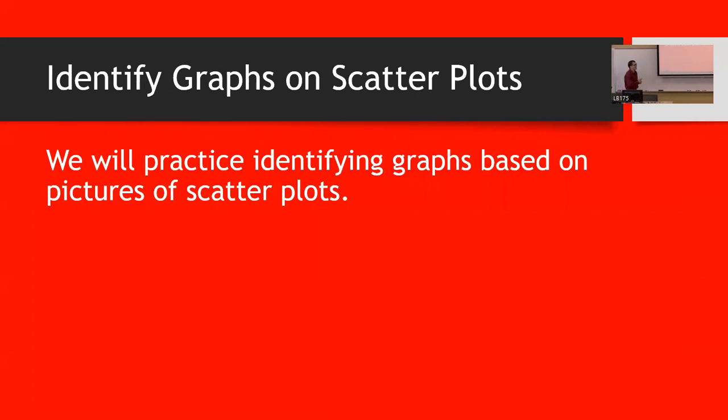Now, identifying what type of function based on the look of the graph, I hope is fairly straightforward. It becomes a little bit more difficult once we get to scatter plots.